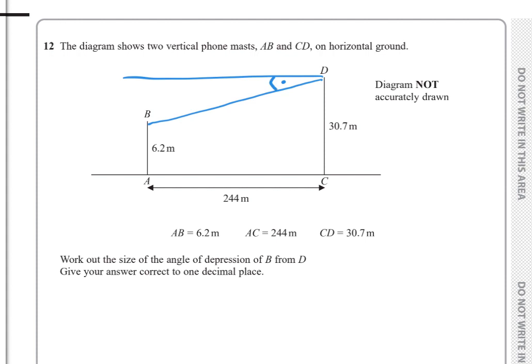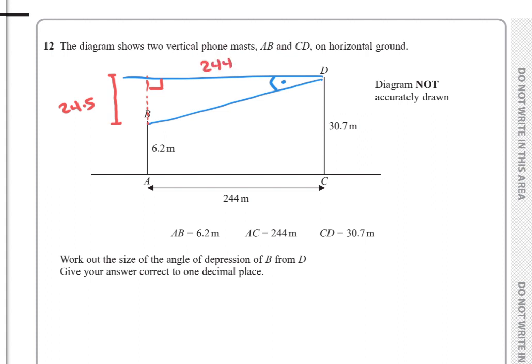To find this angle, you can extend this line, this right angle triangle. Now to find this distance, 30.7 minus 6.2 to find that distance. So this distance equals 24.5. And that distance, 244.